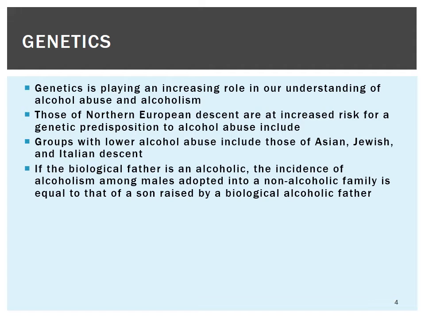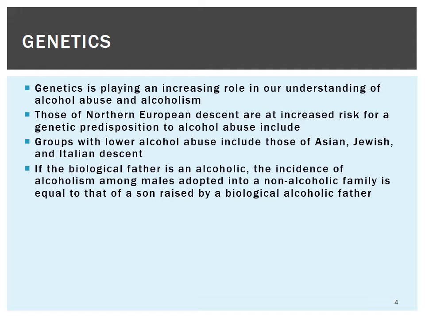So if we take a dad that's an alcoholic, and he adopts a male son into the family, the male son obviously isn't necessarily going to share the alcohol gene that the father has because it's not a biological relationship. But the social environment plays such a huge role. The child sees dad drinking alcohol.